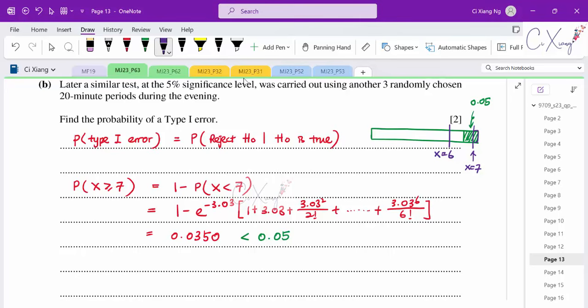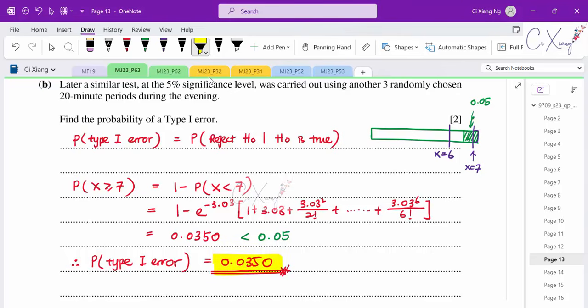And just now, you already calculated the probability for this rejection area, right? Therefore, your type 1 error is equal to the value that we calculated here. Therefore, you can write it in a simple way like this. So the type 1 error is equal to 0.0350. All right.